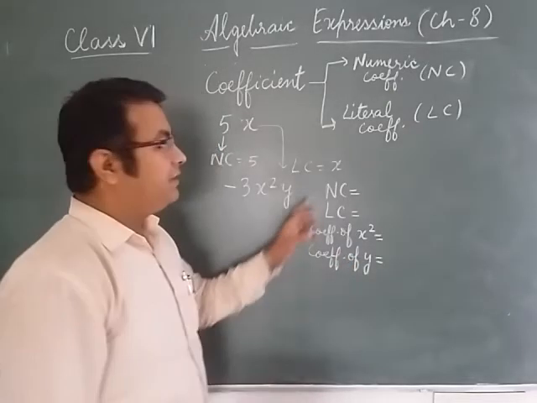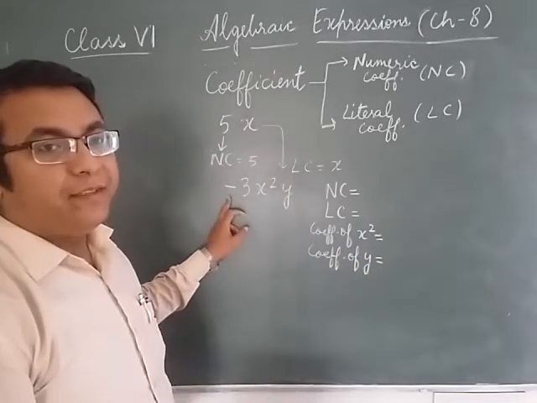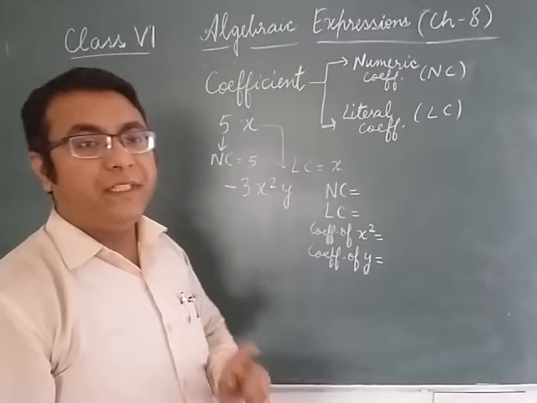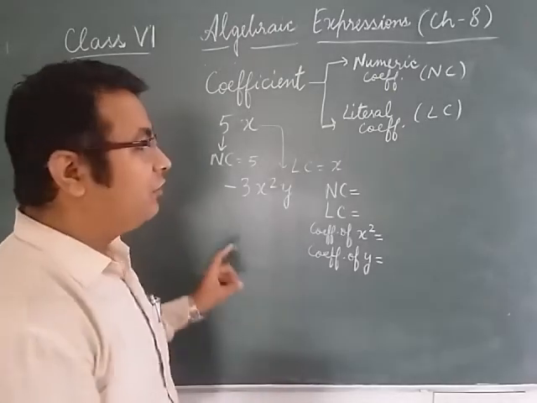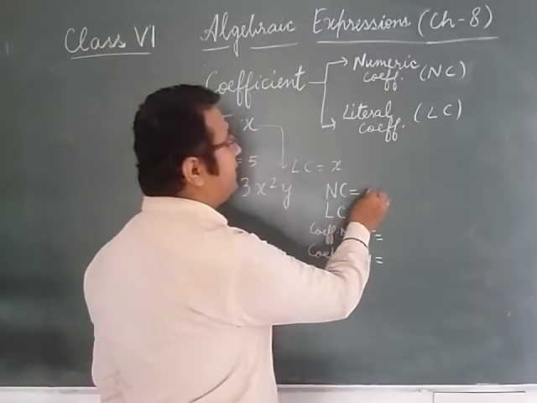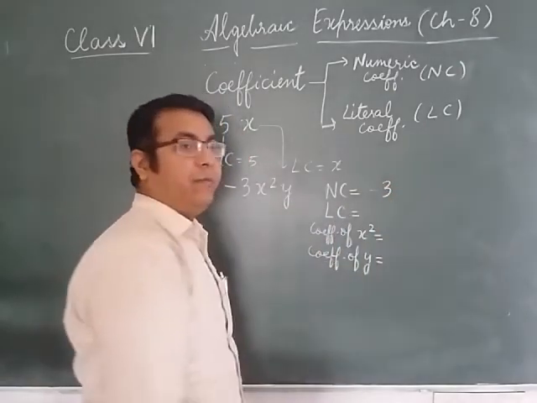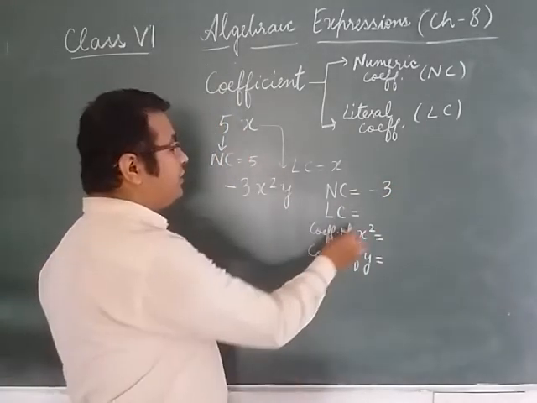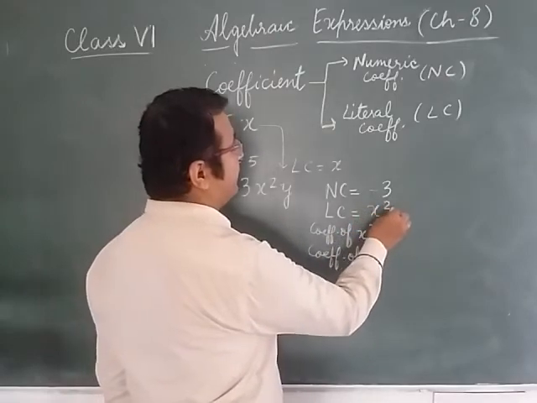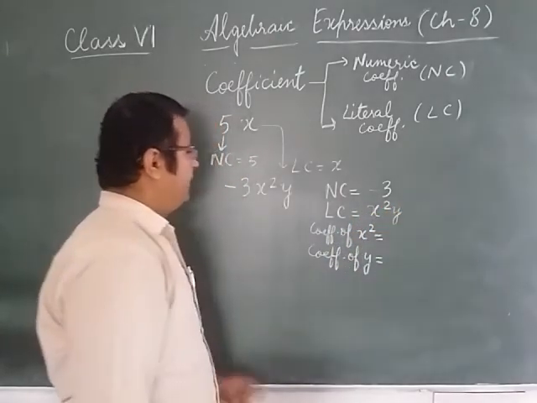So here the numeric coefficient will be minus 3. In algebra we cannot ignore the negative sign; we will always consider the negative sign with the number. So the numeric coefficient will be minus 3. Literal coefficient means all the letters, that is x square y.